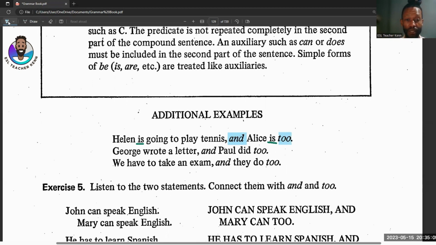George wrote a letter and Paul did too. We have to take an exam, and they do too.